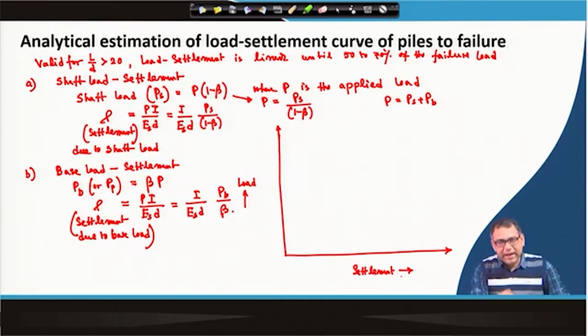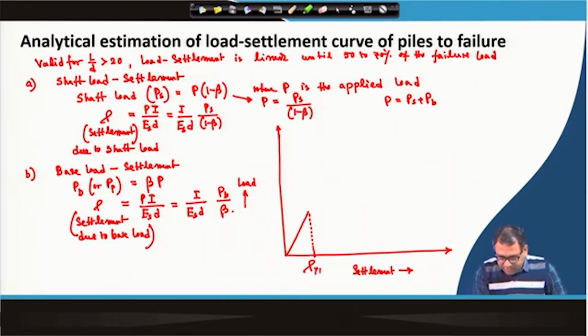So, I can write that these equations are developed considering a linear stress strain relationship. So, this is the load versus settlement curve for shaft resistance, that is, in terms of shaft load this is the load settlement curve. Okay. And this is linear, and this value is say rho y 1.